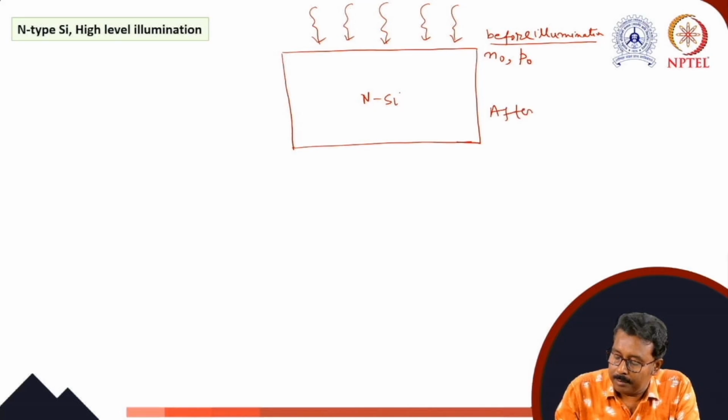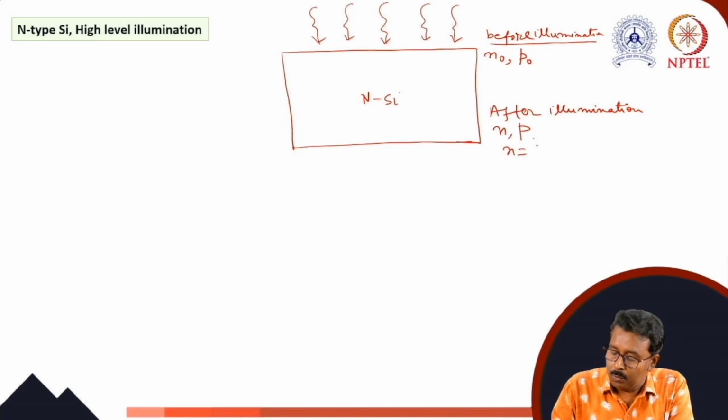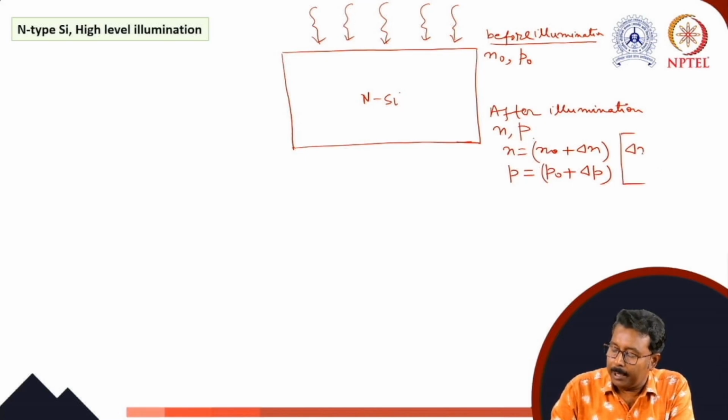After illumination, N and P. N is equal to N0 plus delta N. P is equal to P0 plus delta P. And delta N and delta P are equal because electron holes are generated in pairs.